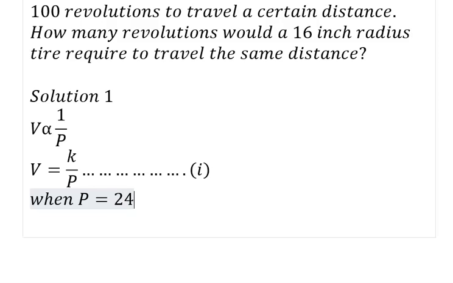P is 24, right? Then V is what? 15. That's all the question. These details were given to us so that we can find the value of K. So let's impute this into equation 1 to get our K.